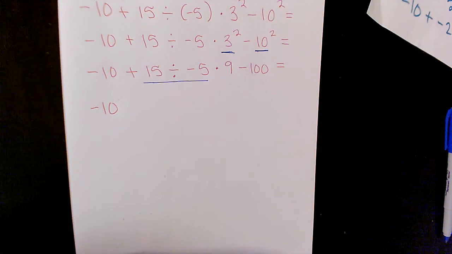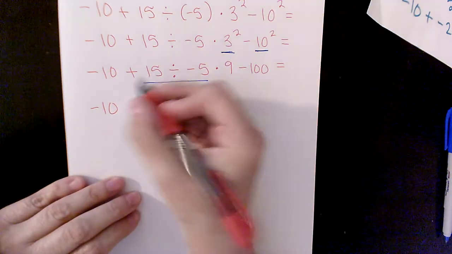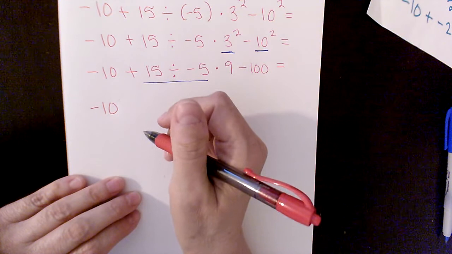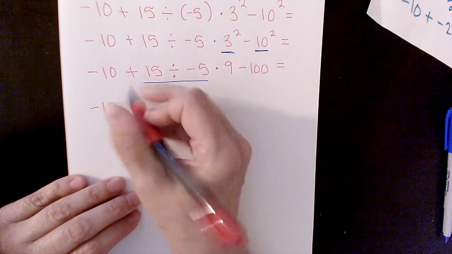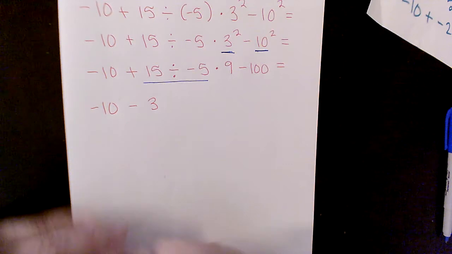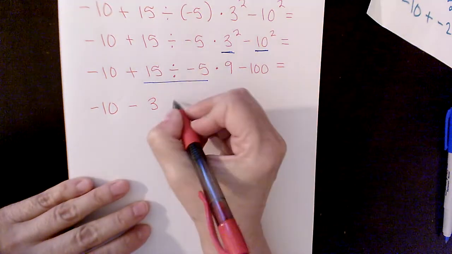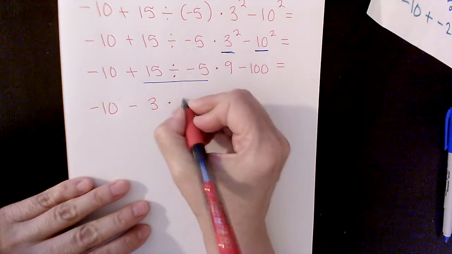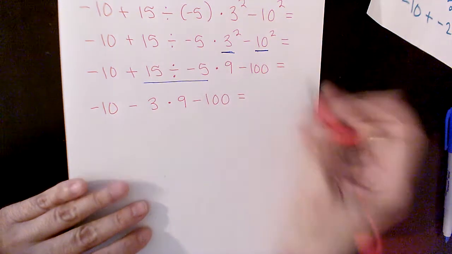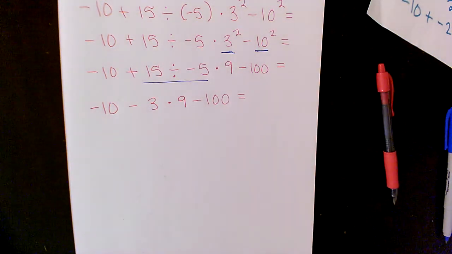I've got a positive being divided by a negative. So that's a negative 3. We could put minus 3 if that's helpful, or you could do plus a negative 3. And again, I'm using a dot right here, but that just means quicker shorthand for multiplication.